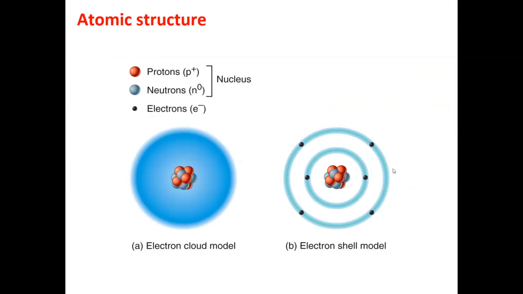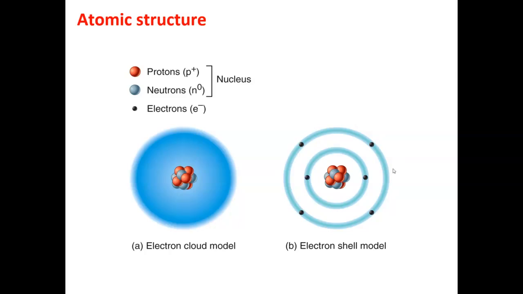So what do we know about opposite electric charges? How do they affect each other? Opposites attract, right? You've heard that. So these electrons are spinning around here really fast. We say they have a lot of energy. They're spinning around the nucleus. If the electrons are negative and the protons in here are positive, they're attracted to each other, right?